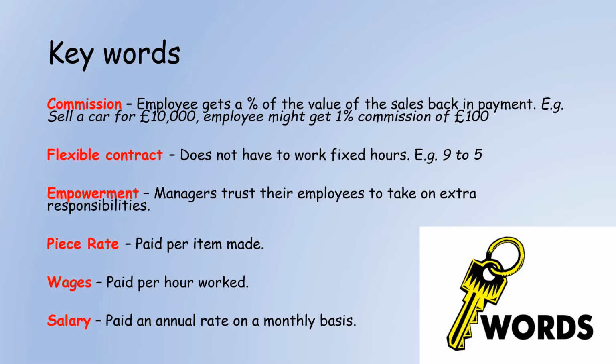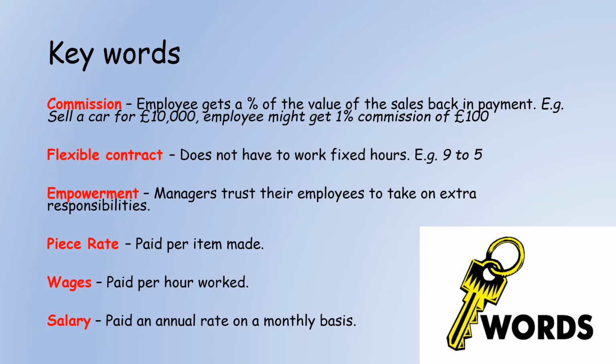So the first one is commission. Commission is where an employee gets a percentage of the value of the sales back as a payment within their pay packet. So you'd often find this within a sales environment, maybe an estate agent, certainly a car salesperson.